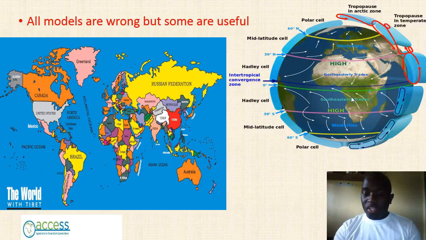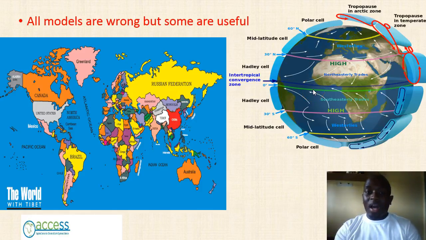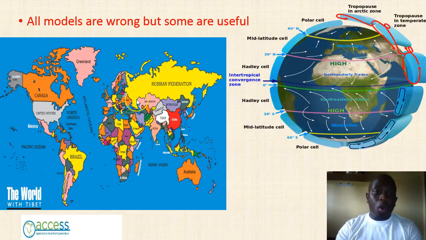Here we cannot easily diagnose how our continents are situated, but here we can tell, here it's Canada, here it's Russian Federation, but here we cannot tell how the air circulates, but here we can tell how the air circulates, which simply means that this one is useful in disclosing how our continents are situated, and this one is useful in disclosing how the air circulates around the earth.